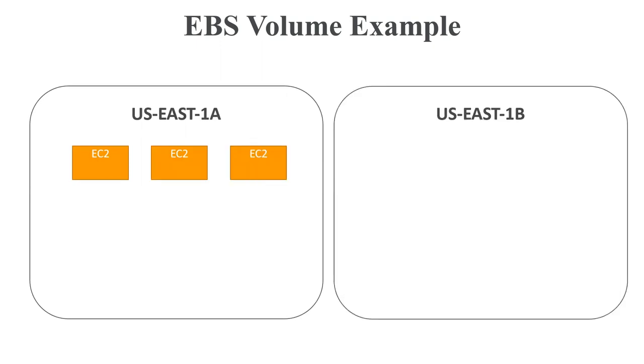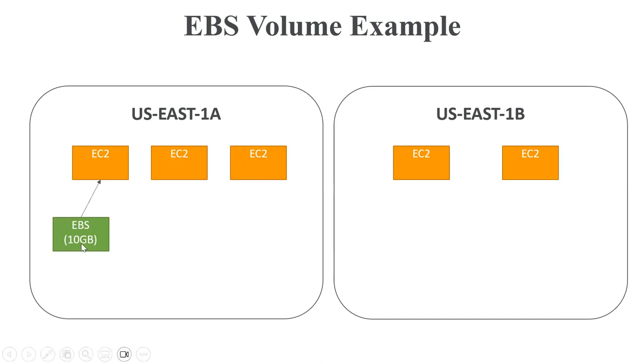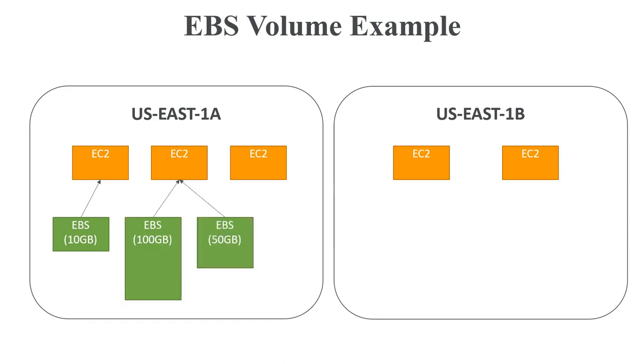As we understand, these are all locked to the availability zone. That means the EBS volume and the EC2 instance must be in the same availability zone.